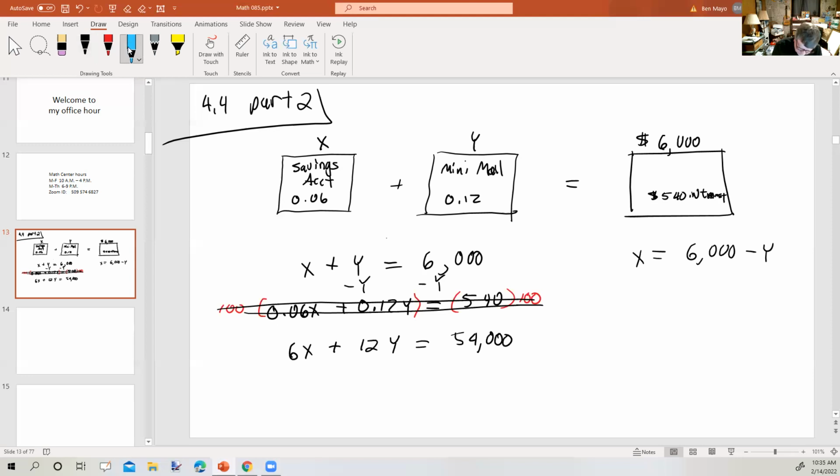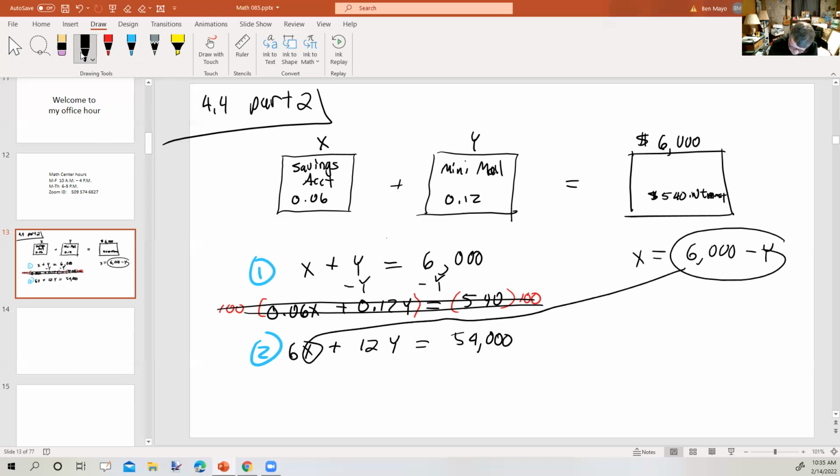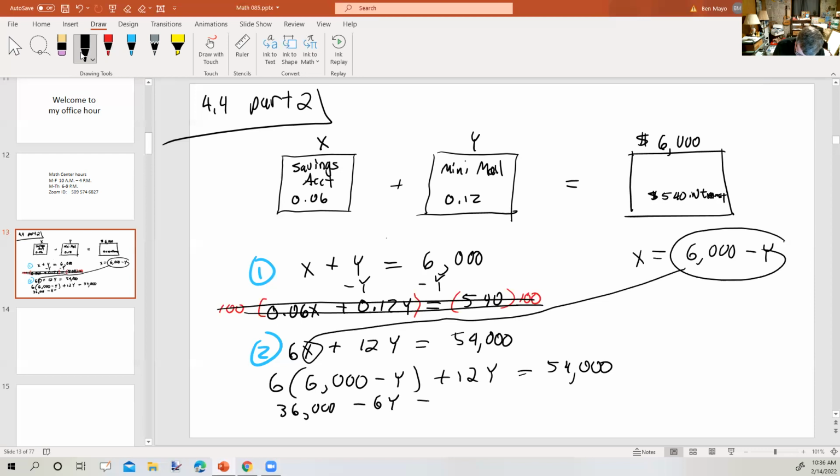So now I'll label these 1 and 2. I'm going to substitute this in the place of x in the other original equation. So that's going to give me 6 times the quantity 6,000 minus y, plus 12y equals 54,000. Distributing the 6, I get 36,000 minus 6y plus 12y equals 54,000.